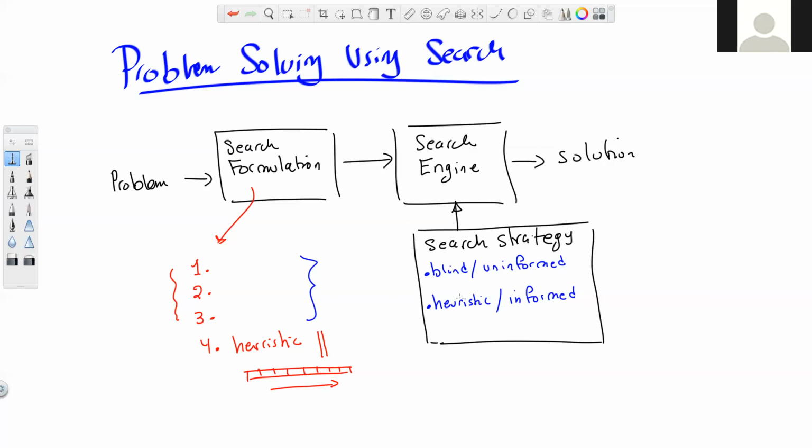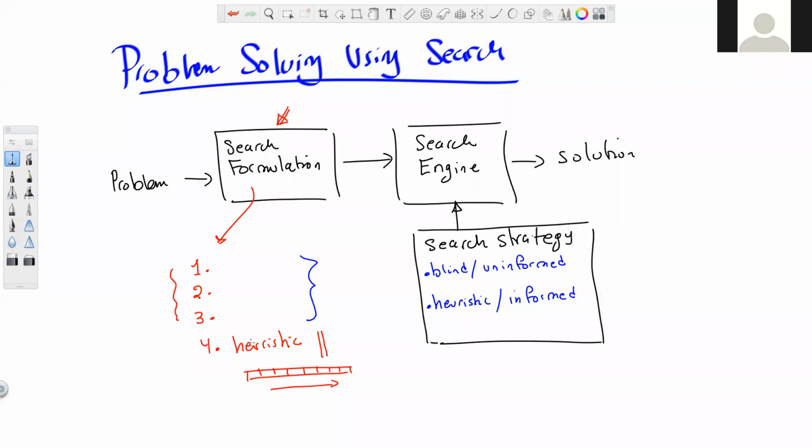Okay, so what will happen today is we will start by talking about how to formulate the problem as a search problem by defining 1, 2, and 3. 4 will come later, a little bit more involved.